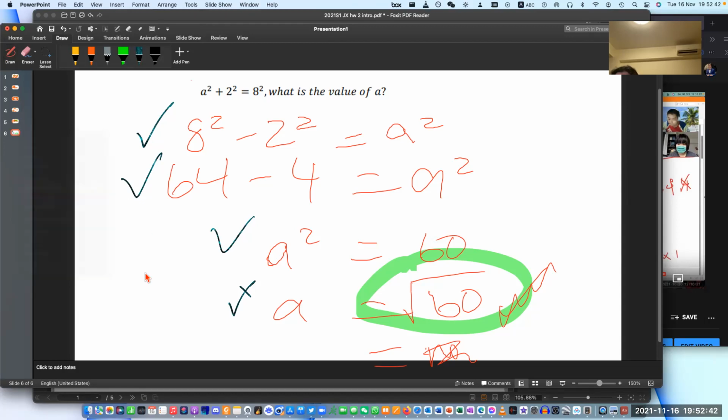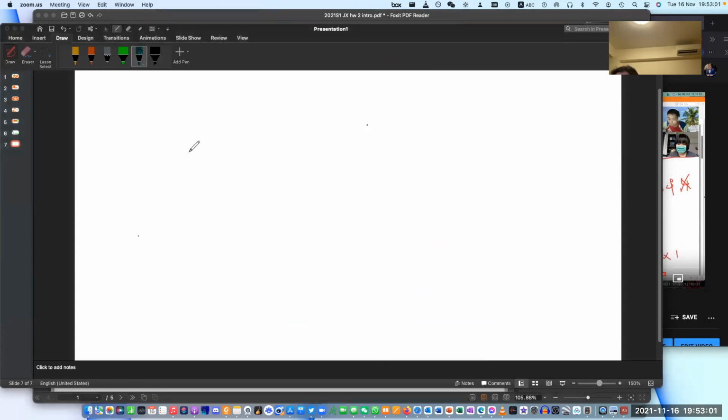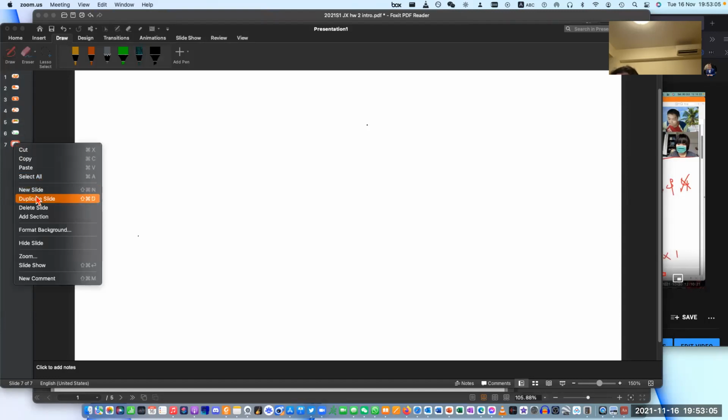Let me duplicate this. I need to clear this. Okay, good. Let me just make a few more because I'm going to need a lot more.